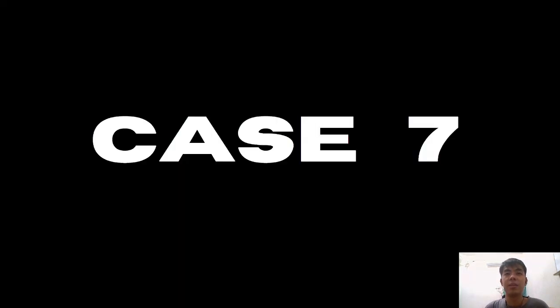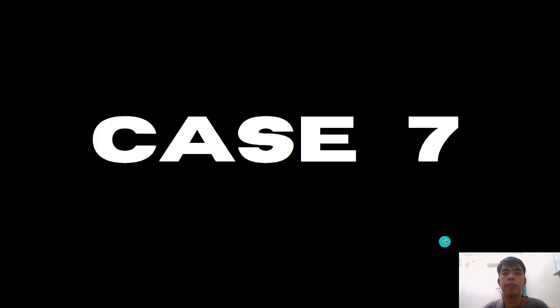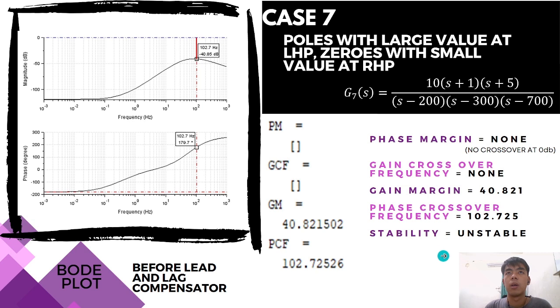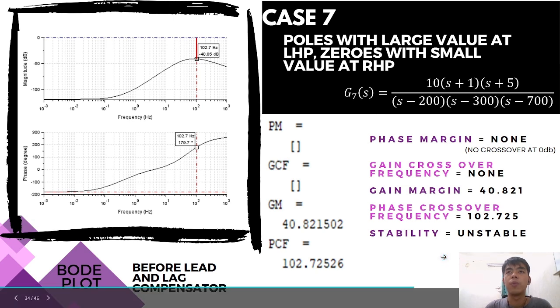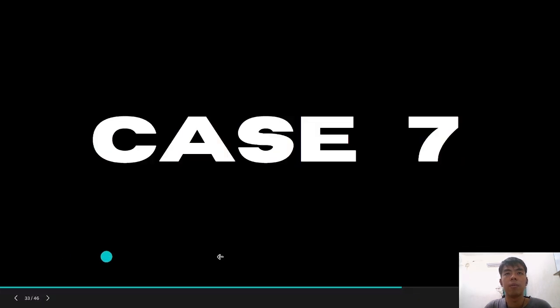For case 7, there's a pole with a large value at the right half plane.